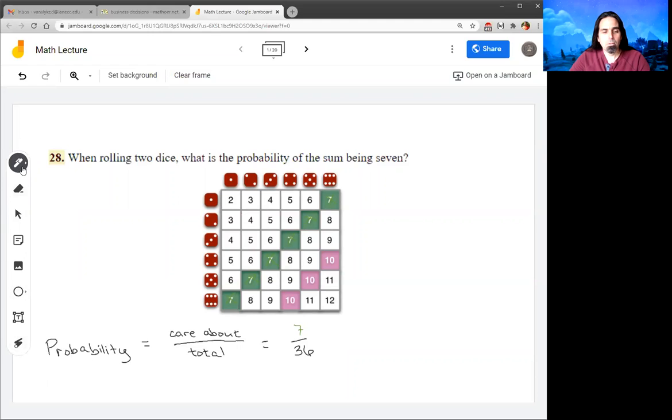I'm sorry, I am counting wrong because I am asleep today. It's 6 out of 36. Let me fix that. Okay, so if we wanted to, we could change that into a percent, top divided by bottom.